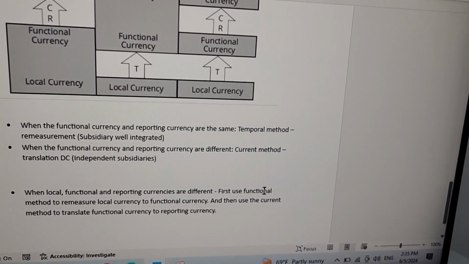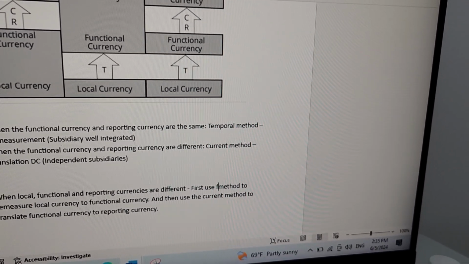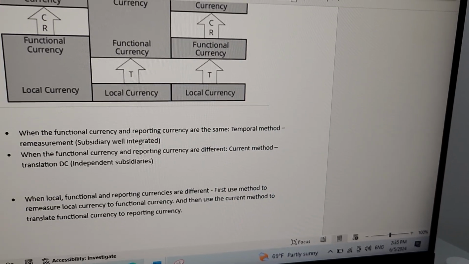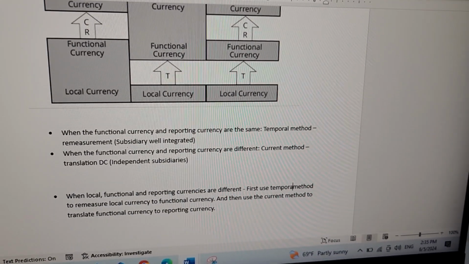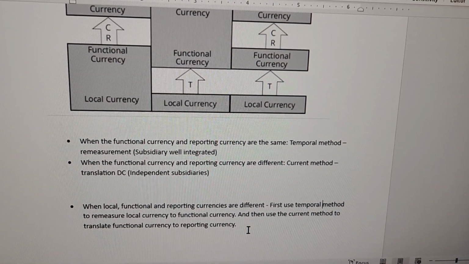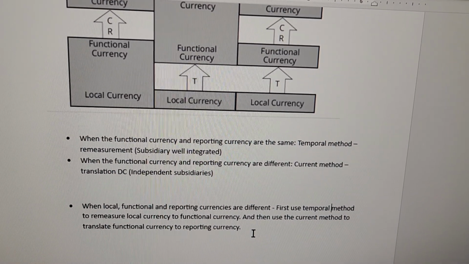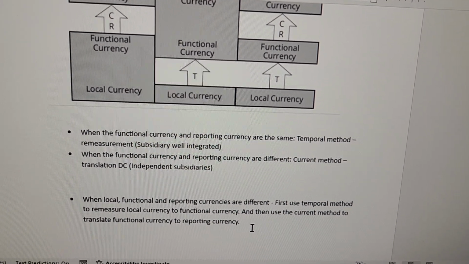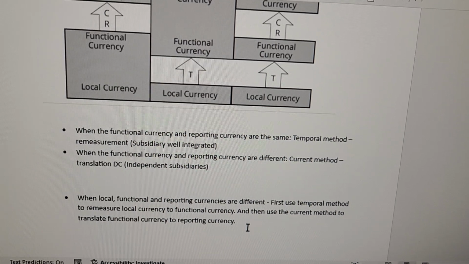I'm sorry, there is a typo here. So first of all, we use the temporal method to remeasure local currency to functional currency, and then use the current method to translate functional currency to reporting currency. So let me give you an example and then I'll end this video.